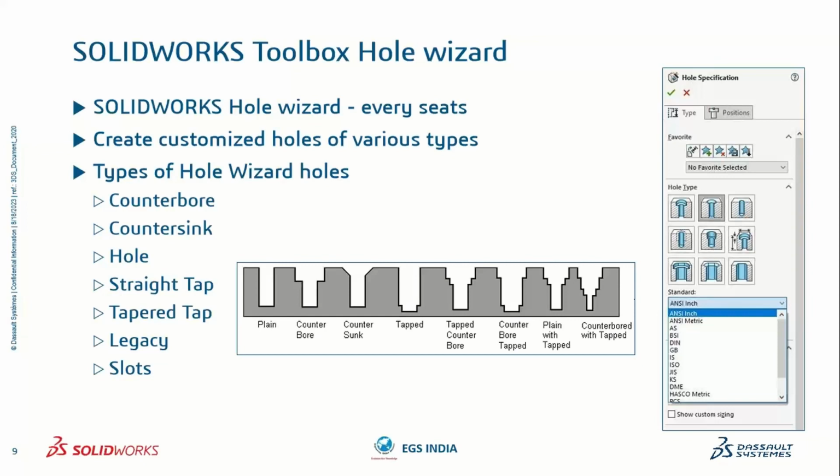If we create the hole using the Hole Wizard, it will suggest the types of head screws that can be located there. As well, when we move to the drawings, the hole callouts will automatically populate, mentioning the size, type, and length of the fasteners. But if we created the hole using the manual method, we need to give the notes. That's why we are using the Hole Wizard.